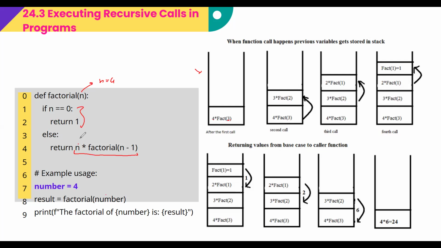Here is 4, we multiply it by factorial 3, which is n minus 1. This is how it looks in the memory.